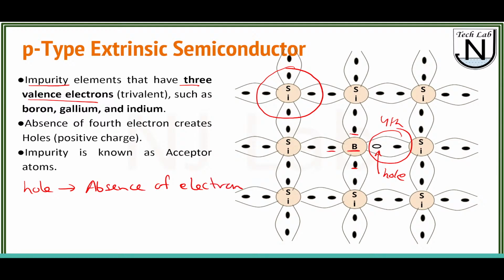So simply, when we add an impurity having 3 valence electrons, the fourth covalent bond will have 1 electron absent.